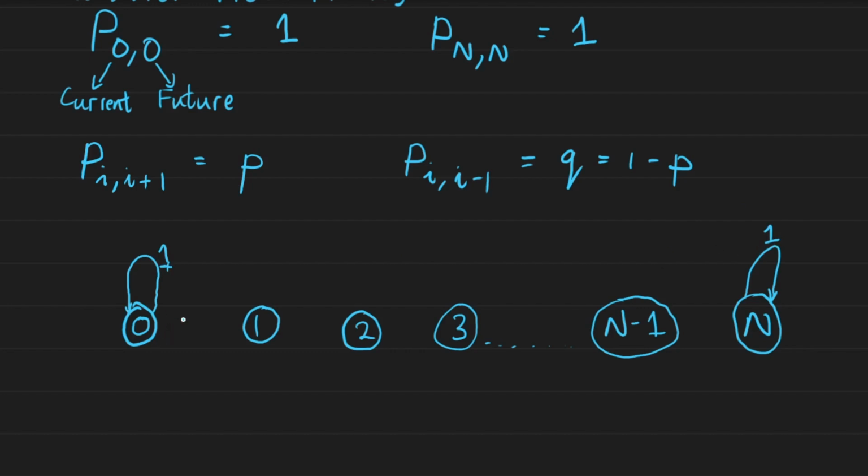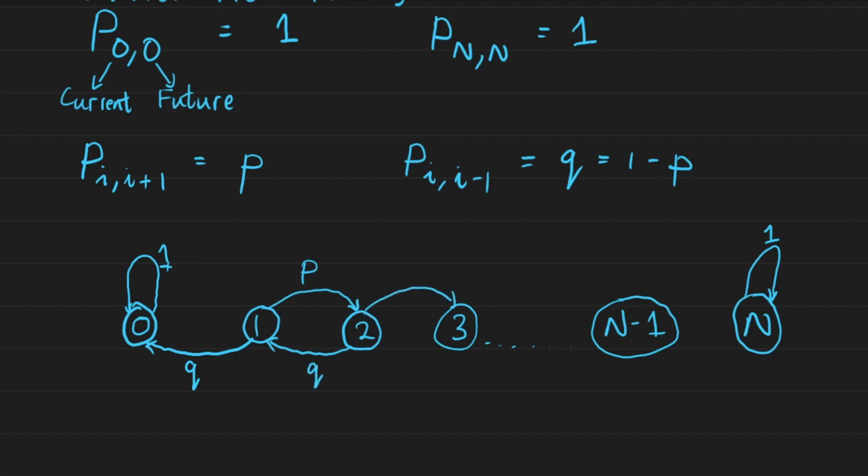So if the gambler has $1, then the probability of losing that $1 is q. And the probability of gaining $1 is p. Then if the gambler has $2, then the probability of losing $1 is again q.